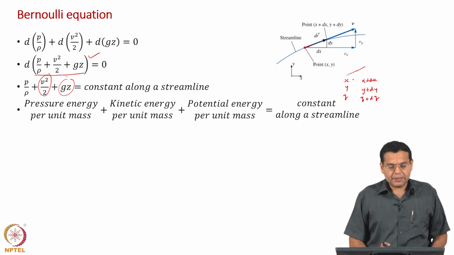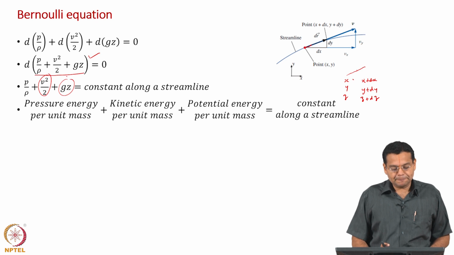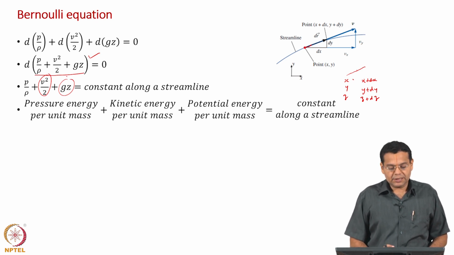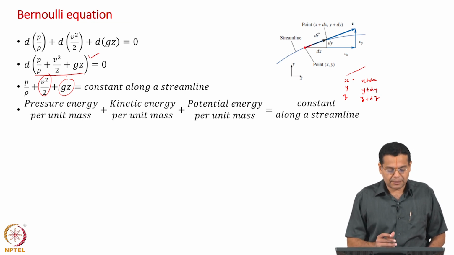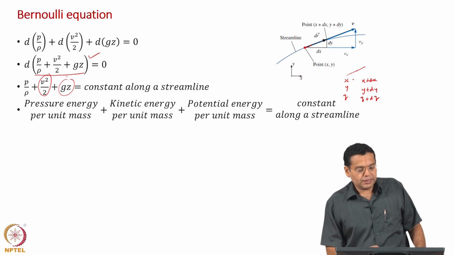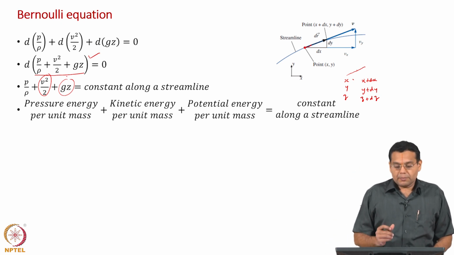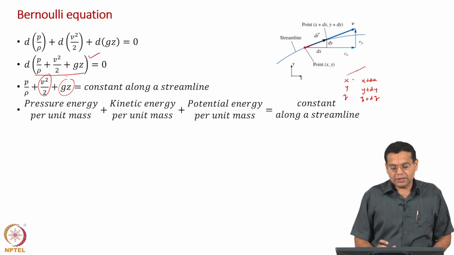This pressure energy represents the work done by the pressure force in moving the fluid through a distance. It is also called flow energy. Either you can call it pressure energy or flow energy, because that represents the work done by the pressure in moving fluid over a distance.